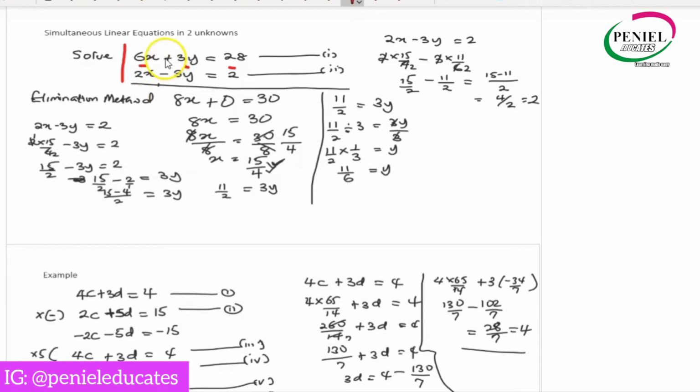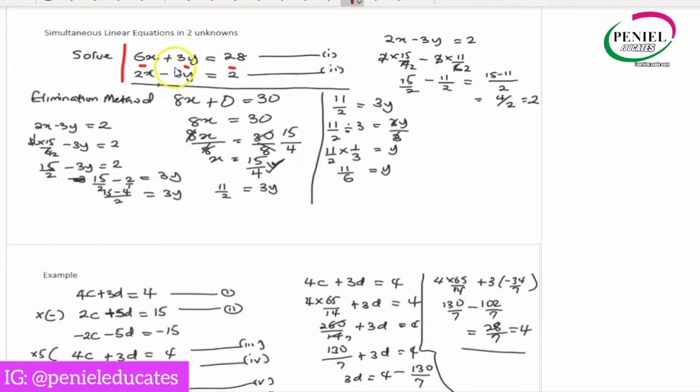Now because this one is plus and this one is minus, I don't have any issue of multiplying by a positive or negative sign. So this one is plus 3y, this one is minus 3y already.